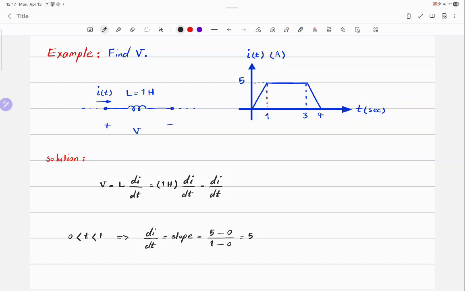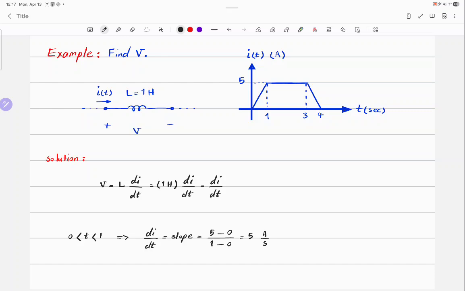Is it volts? No. It lacks something to become volts. The Henry, right? So remember, the slope unit is amps per second. But since your Henry value is just 1, it can also be equal to 5 volts, okay? Because it's just multiplied by 1.